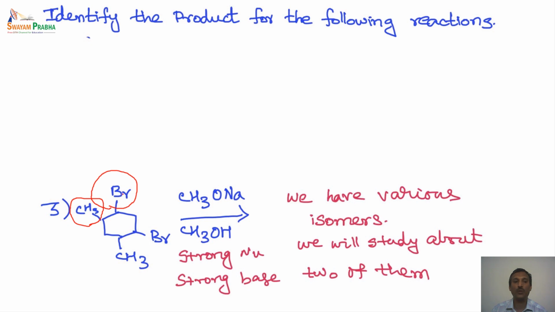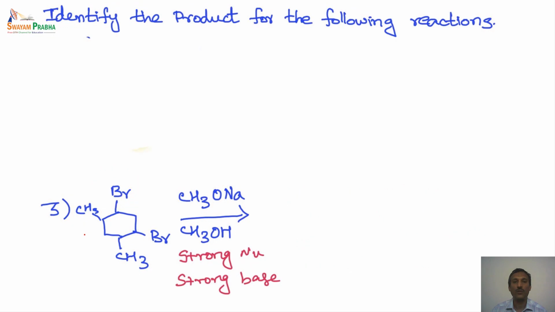So elimination is possible only when this bromine and the methyl group are in the cis orientation. When these two are in the cis orientation, there is a proton here which is going to be trans oriented with respect to the bromine. So that bromine and this hydrogen can only undergo elimination.